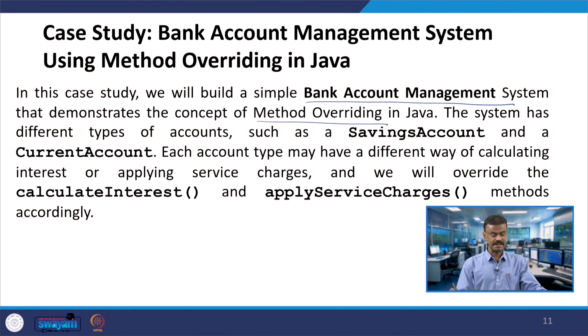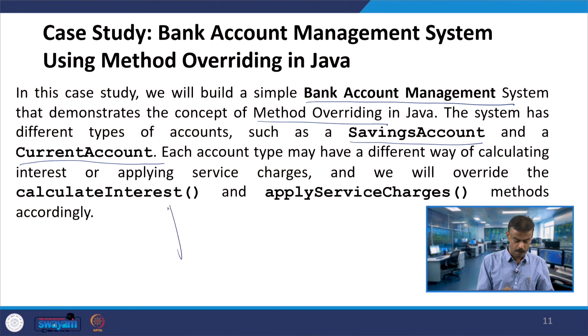Let us assume the system has different types of accounts, the savings account and the current account. Each account type may have a different way of calculating interest or applying service charges, so these two methods should be overridden: calculate interest and apply service charges.